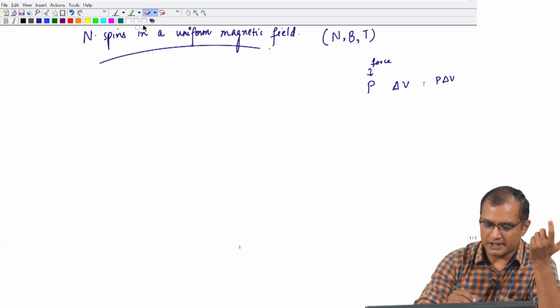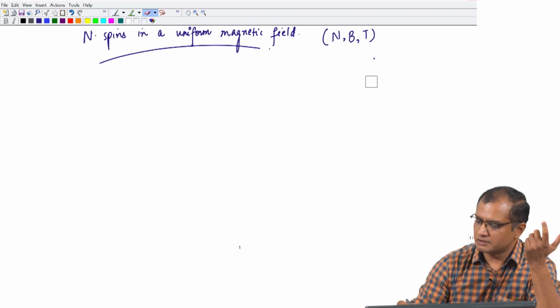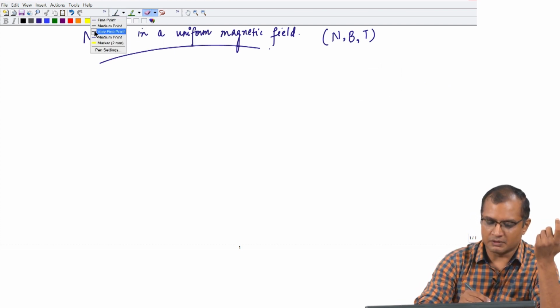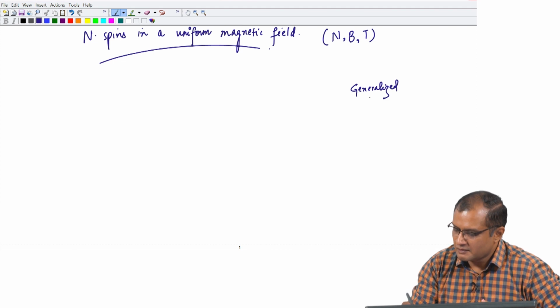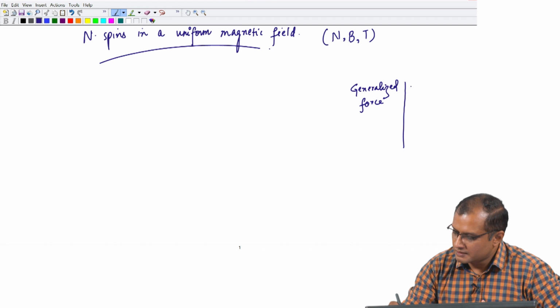If you want to write it systematically, it would be better to understand what we mean by a generalized force and the corresponding conjugate extensive variable.